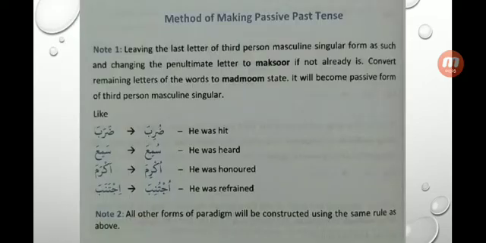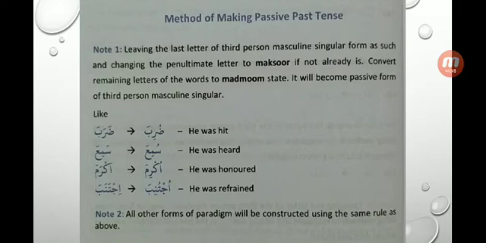This is what they are telling in the book, the extract from the book. Method of making passive past tense. Note 1. Leaving the last letter of third person masculine singular form as such, meaning as it is, and changing the penultimate letter to maksur if it is not already. Penultimate means the second last letter.